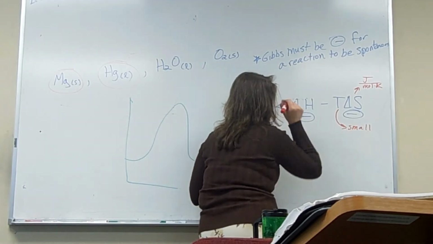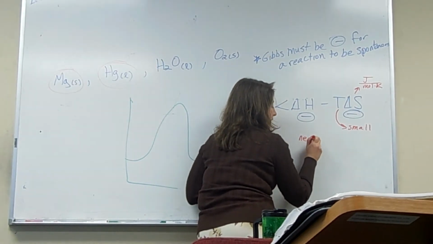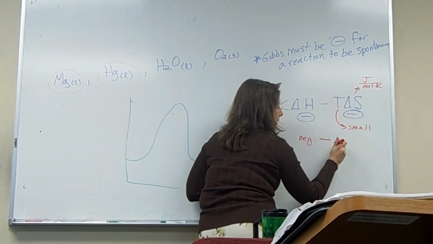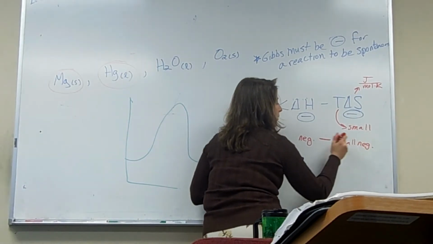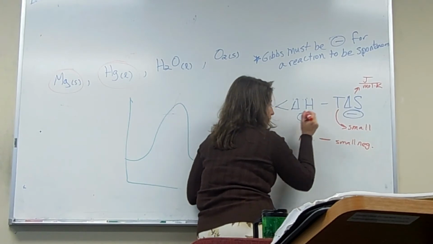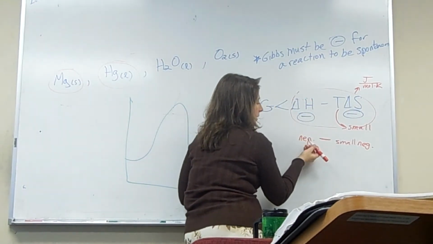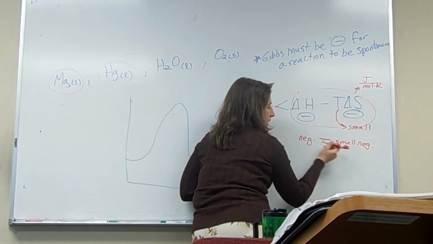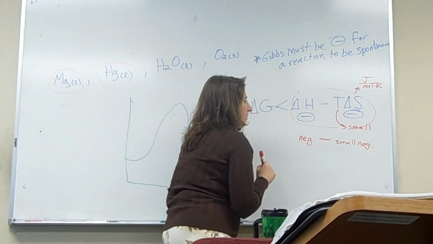As you lower the temperature, the product lowers. Right, if this is negative, and then you subtract a small negative, the more you can diminish this term, the more likely you are to keep this side negative.